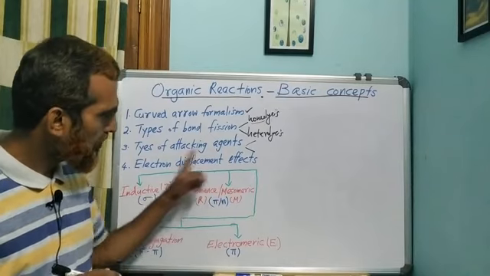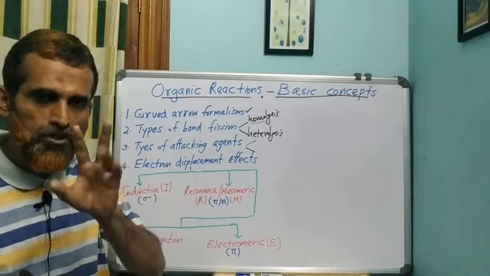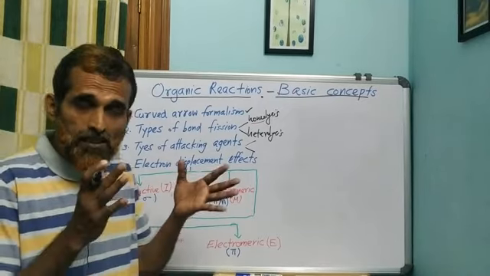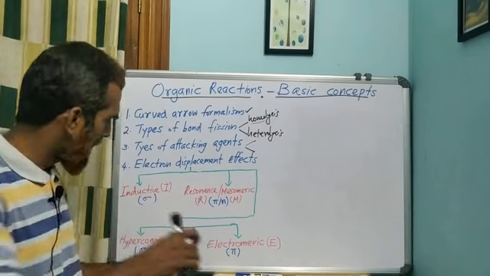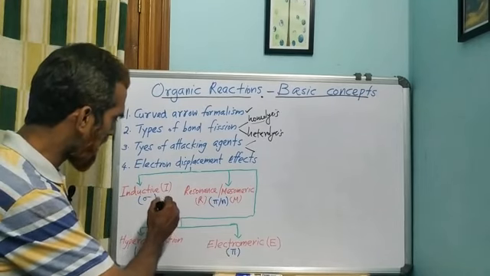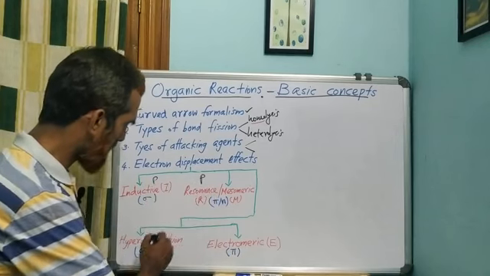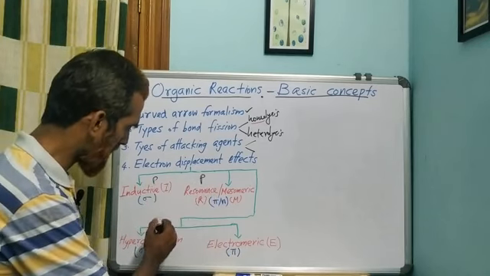See, the displacement effects can be divided into two types mainly. One is permanent effects. Under permanent effects come the inductive effect, resonance effect and hyperconjugation.